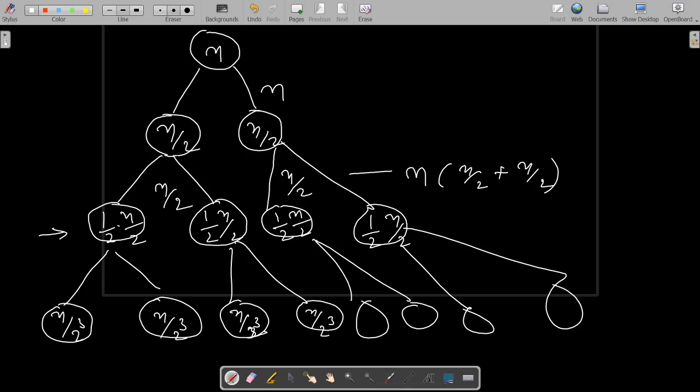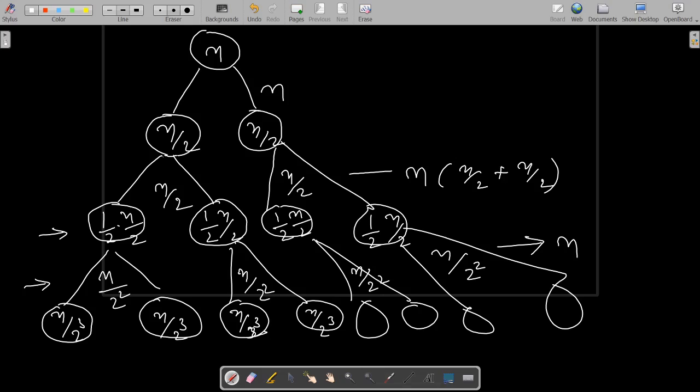Since here the input size is n/2^2, the number of operations involved at this level would be n/2^2 for each of the divisions at this level. If we compute the total number of operations at this level, they also come to be n.